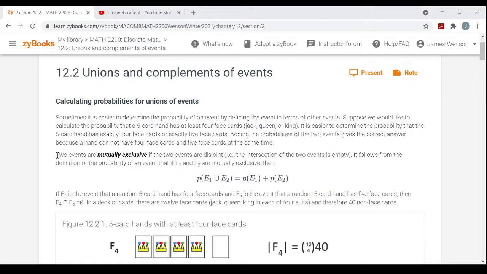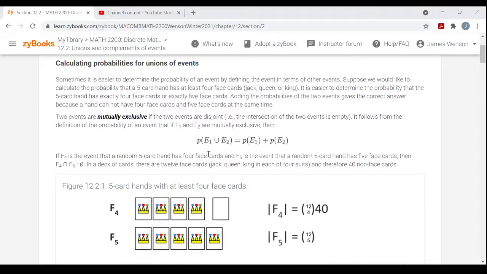Recall that two events are mutually exclusive if the two events are disjoint, right, the intersection is empty. So it follows from the definition of probability of an event that if we say event E1 and another event called E2 are mutually exclusive, they have no outcomes in common, then the probability of the union of E1 and E2 will just be the sum of their individual probabilities.